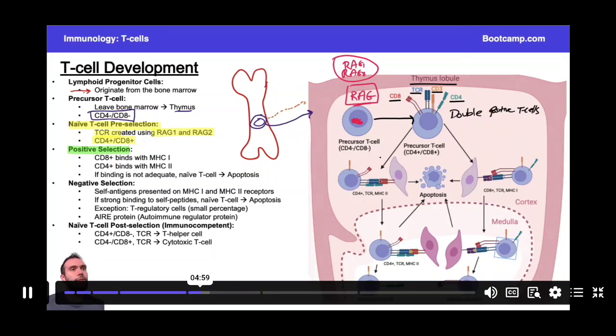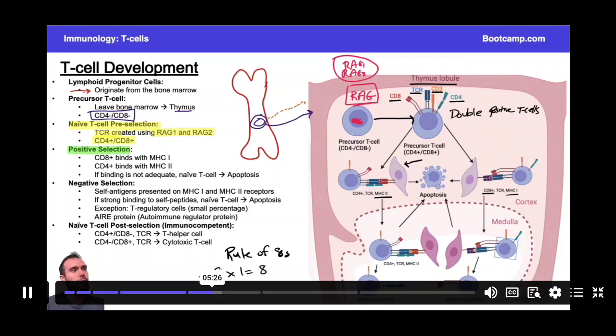Okay, so this would be a thymic epithelial cell, and these thymic epithelial cells will either have MHC1 or MHC2. Now remember, the CD4 positive co-receptor will help that T cell receptor bind to MHC2. Conversely, the CD8 positive co-receptor will help that T cell receptor bind to MHC1. Okay, and again, this goes back to your rule of 8s. 8 times 1 is 8, right?